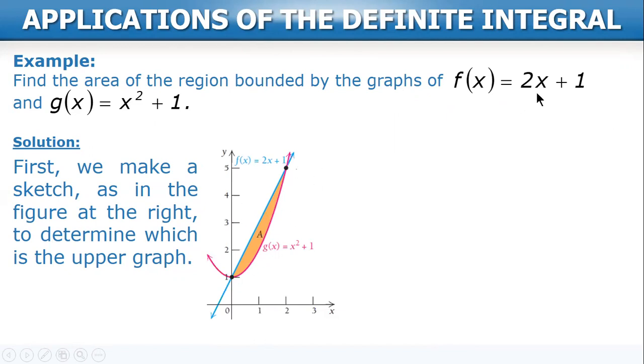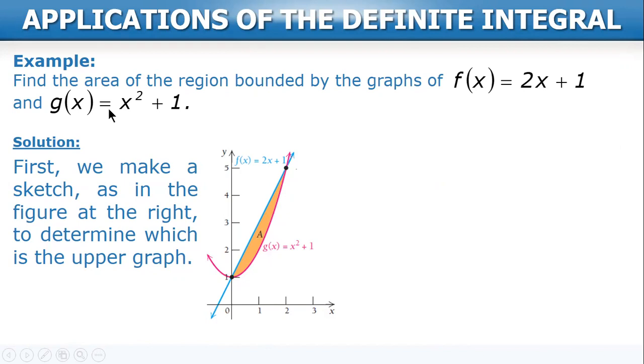F of x is a line, and if you substitute x equal to 0, then f of x is equal to 1, this point, and if x equals 2, then our f of x is equal to 5. And then you just connect the 2 points and you have the line.